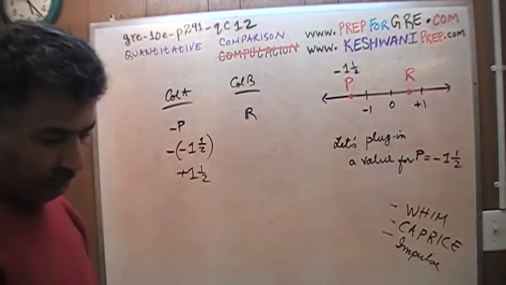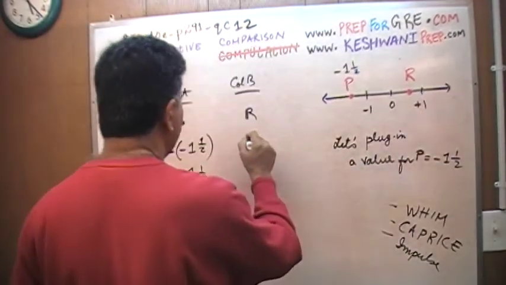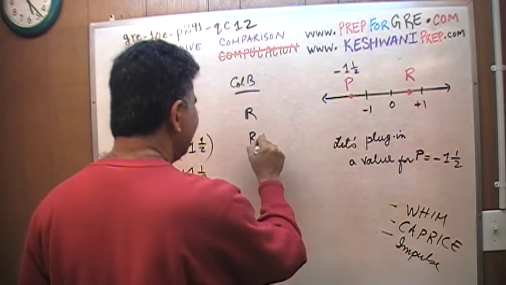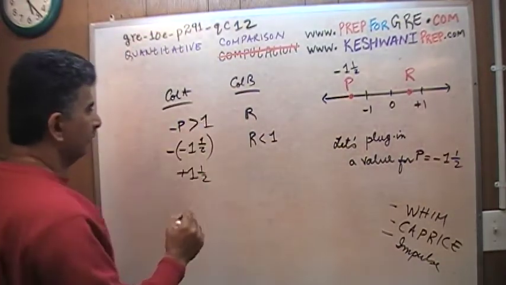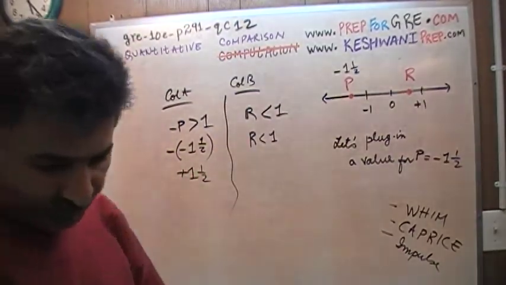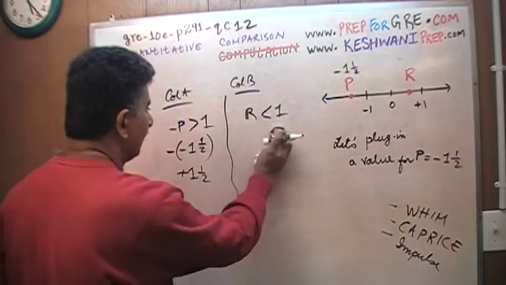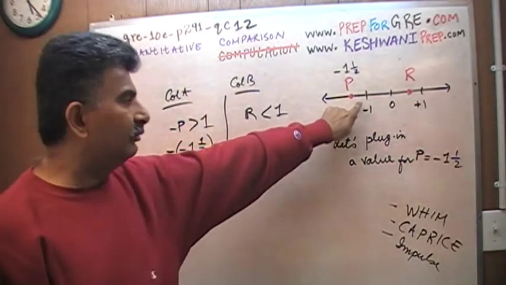And in the second column they have r. R we know for a fact is less than 1. And negative p, as we just saw, is more than 1, because p is to the left of negative 1.